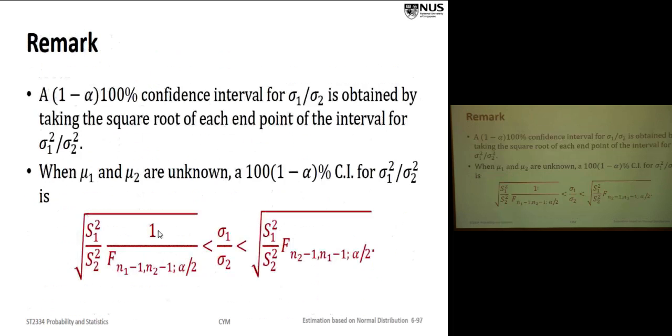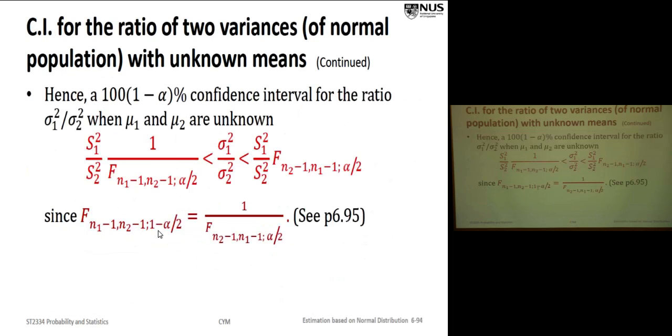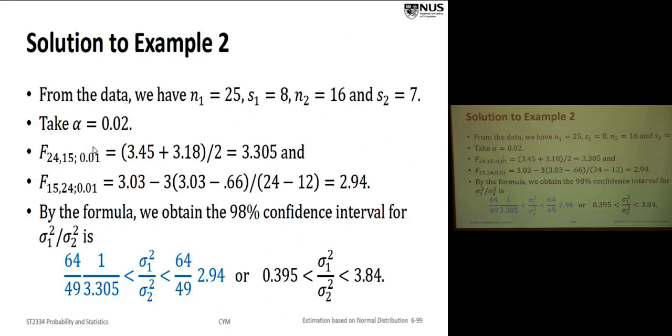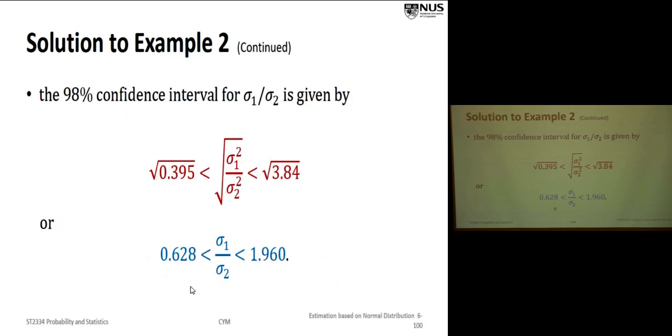For example, this one here was s1 squared over s2 squared. S1 was 8, S2 is 7, so this is 64 over 49. This is my F value here, 64 over 49. And that's my confidence interval for sigma 1 squared over sigma 2 squared, and the standard deviation is obviously the square root of that. I think that's pretty straightforward.